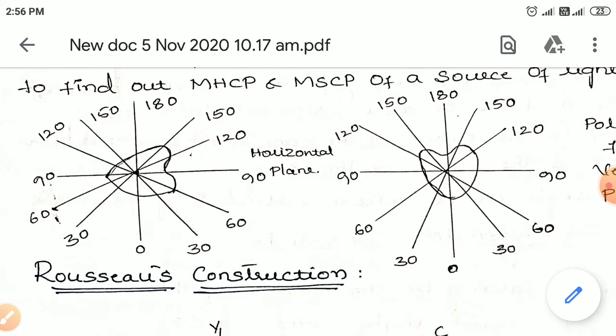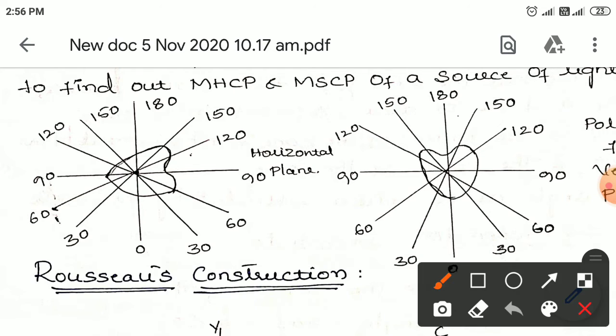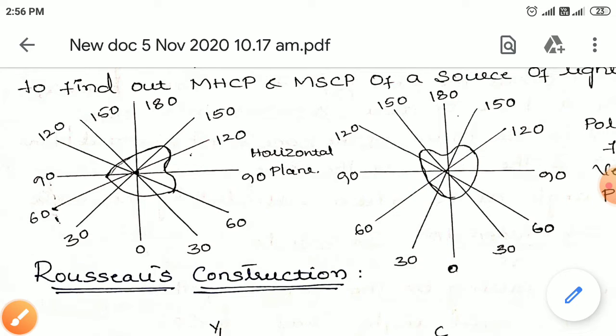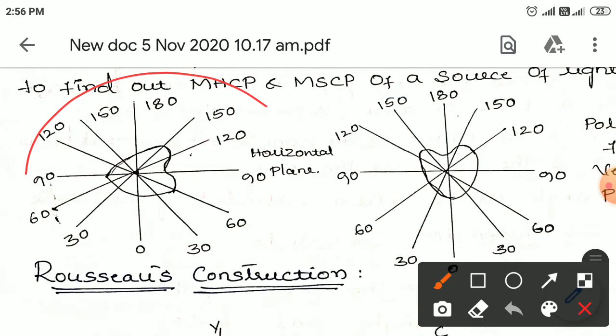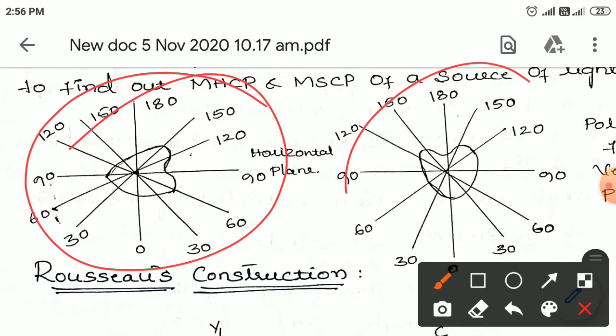If the candle power is measured at different angular positions in a vertical plane, you get the vertical polar curve. Okay, so this is the representation of a horizontal polar curve, and this is the representation of a vertical polar curve.